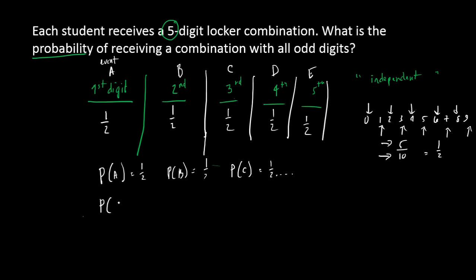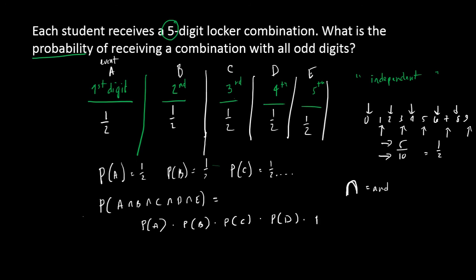The probability of A and B and C and D and E, this little upside down U means and. The probability of all 5 of these things happening is the probability of A times the probability of B times the probability of C times the probability of D times the probability of E. Or in other words, 1/2 times 1/2 times 1/2 times 1/2 times 1/2.